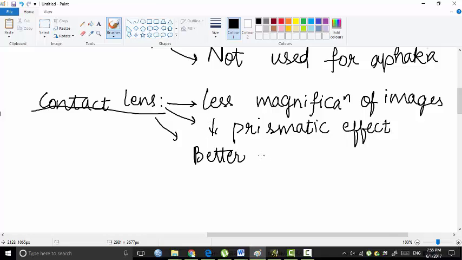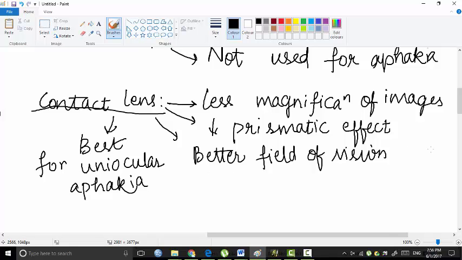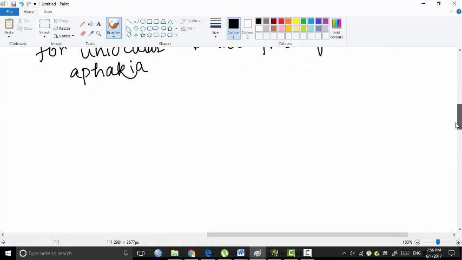There is no restriction to the field of vision as we have seen in spectacles. It is also cosmetically acceptable, and so this is best for uniocular aphakia. So these are about the contact lenses.